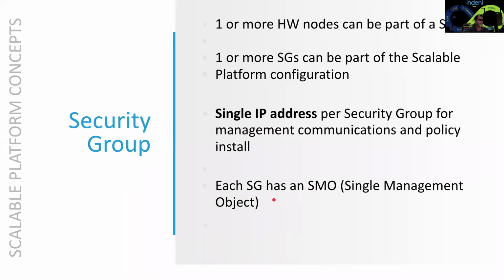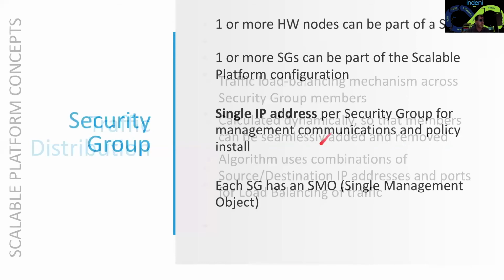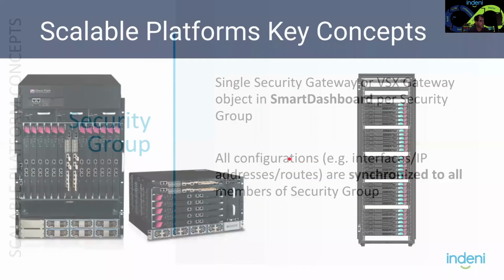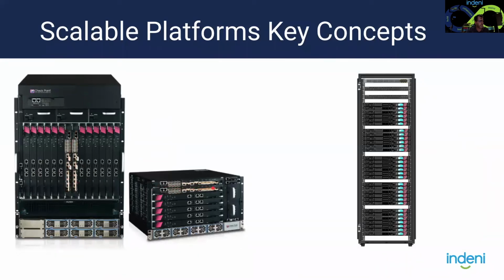SMO, we said. Now the traffic load balancing mechanism across security group members. If you go back a bit, the cards in the middle in the 64K and at the top in the 44K are the processing cards.